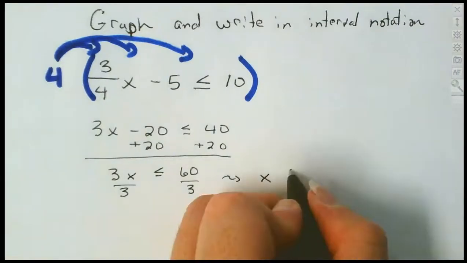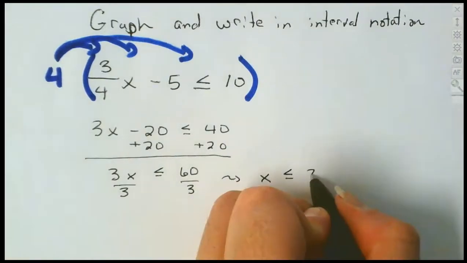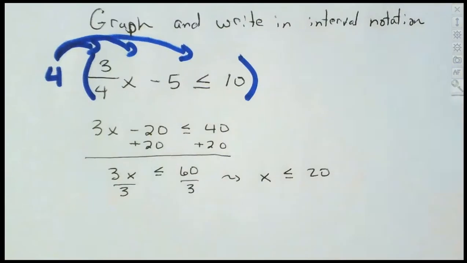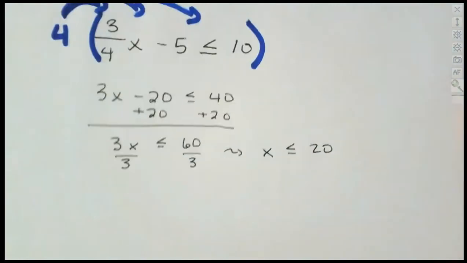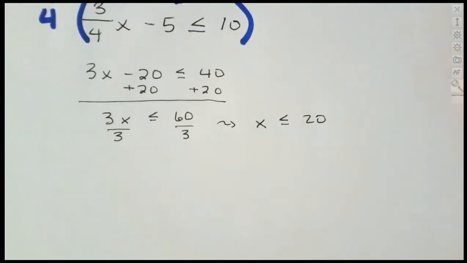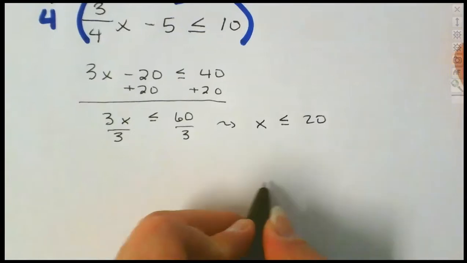And x is now less than or equal to 20. So is everyone okay with what we did there? We cleared our fractions. We moved that 20 over with addition. We took that 60 divided by 3 and we got our 20. Now, the only new step versus an equality is we have to graph it.